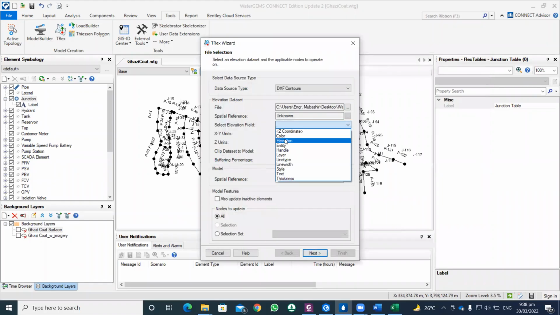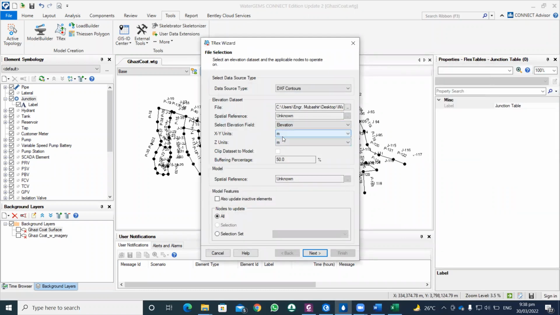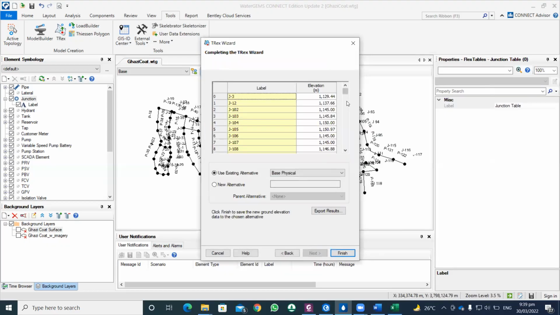Select the elevation field. It should be elevation, and the XY units are in meters, and similarly the Z units are in meters. If the DXF file or the surface units are in meters, and you are using feet or something else here, then it will not work correctly. Therefore, the units should match the surface. So now the elevations have been assigned to each junction.